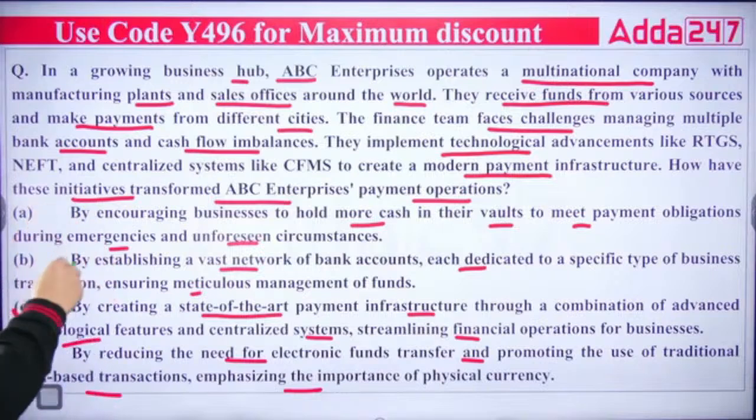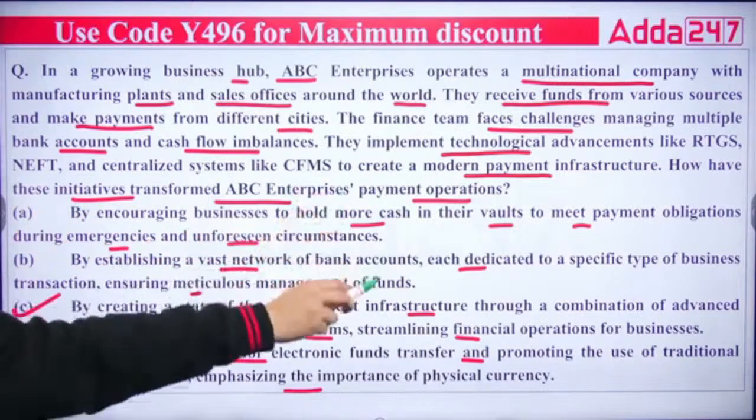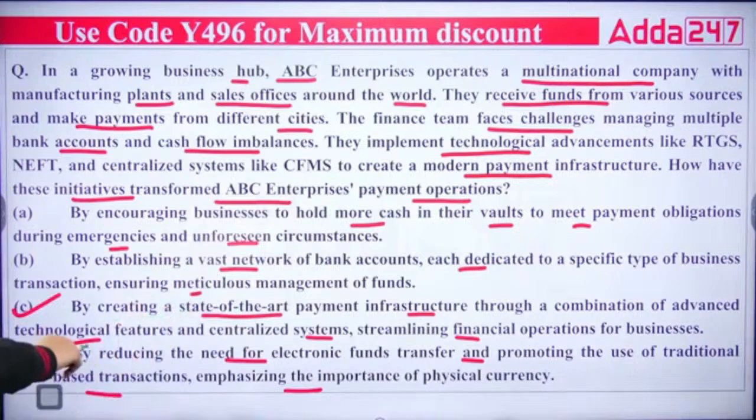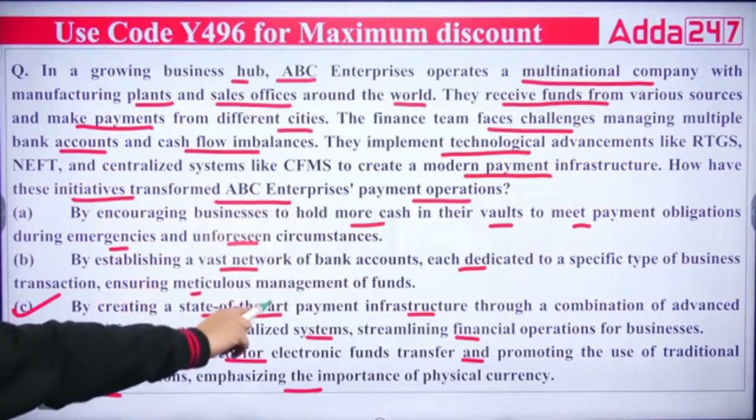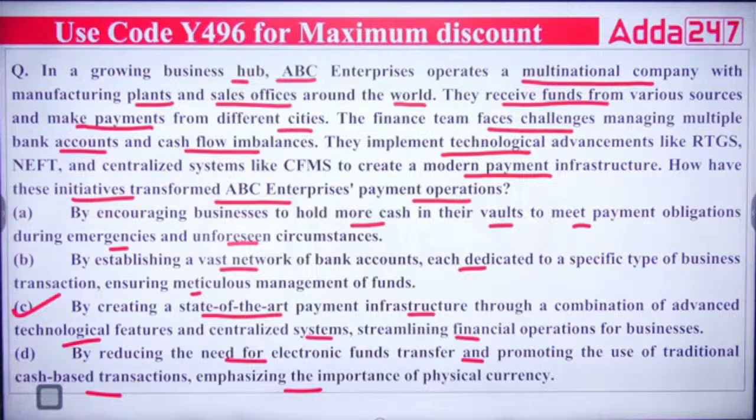Because they have created a state-of-the-art payment infrastructure through a combination of advanced technology features and the centralized system, streamlining financial operations for business. So they can simply move their money easily from one place to another. They can handle it very carefully and move it around very quickly.